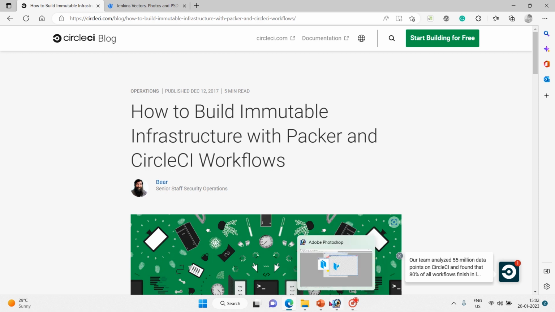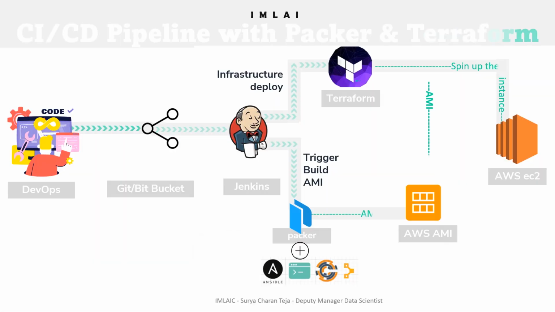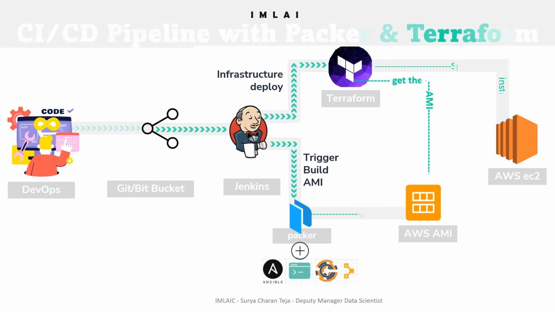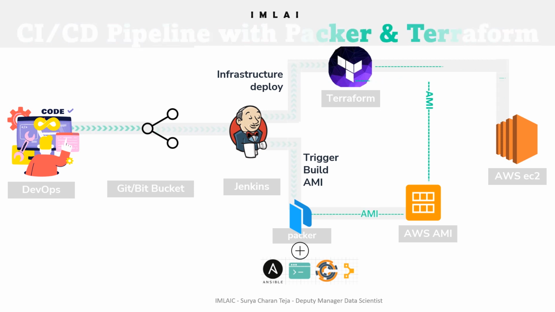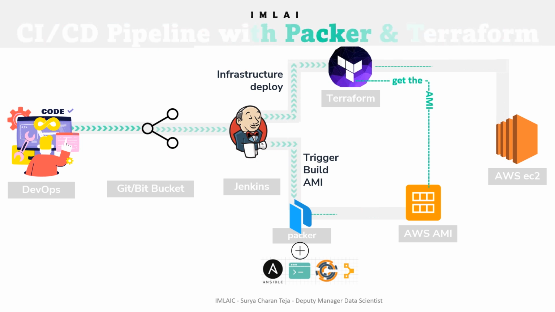However, I have taken the example of the Jenkins automation tool, not CircleCI. Anyway, this is how we build our CI/CD pipeline with Packer and Terraform and an automation tool such as Jenkins or CircleCI or anything else.